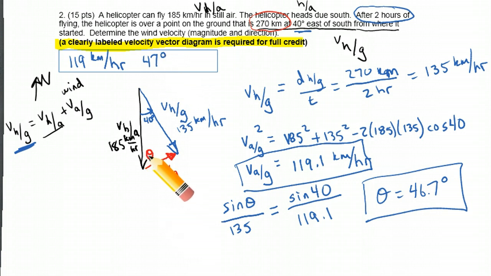Okay, that's the theta, this angle right here. So that is east of north. Remember, we always draw our coordinate system here, so north pointing up, so this is east of north.